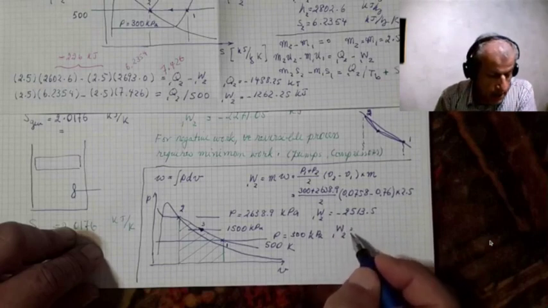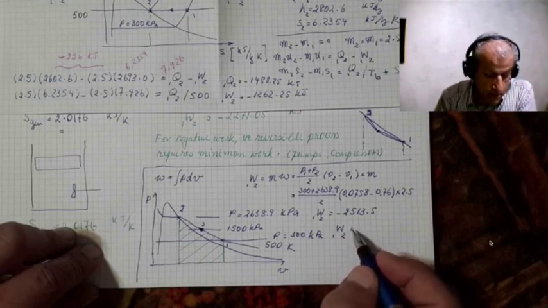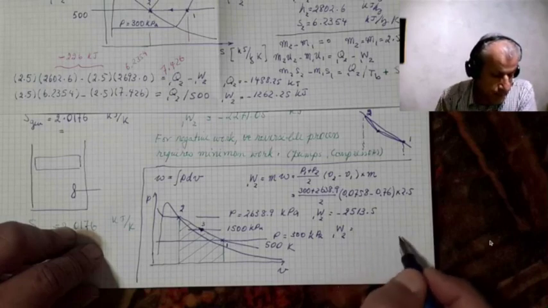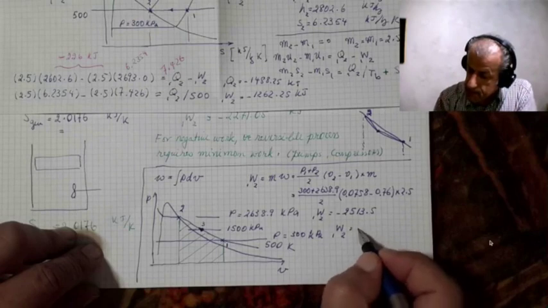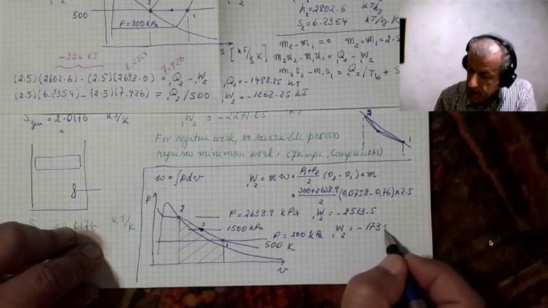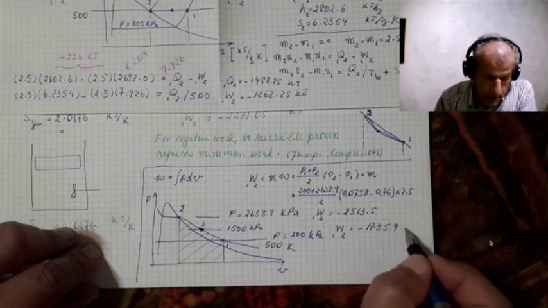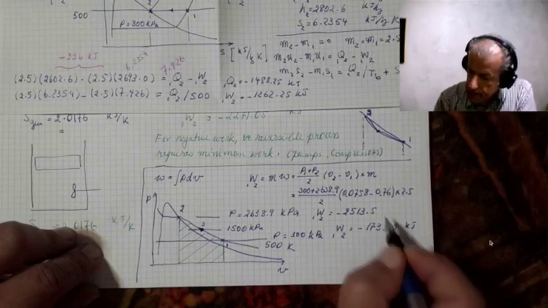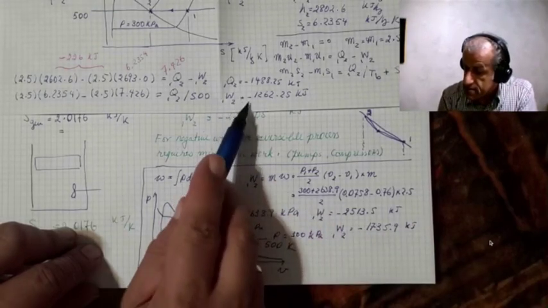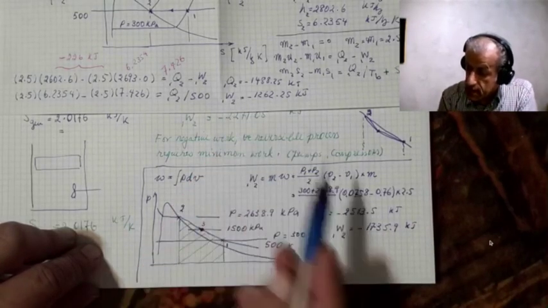I did calculate this and found out that the work would reduce to minus 1735.9 kilojoules. A far better approximation to this one than this one.